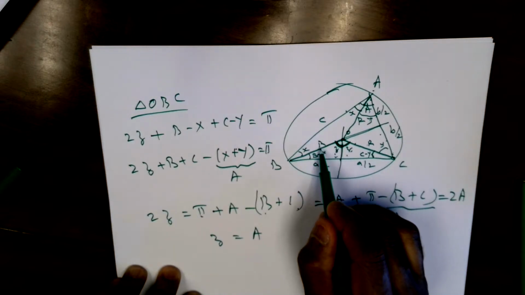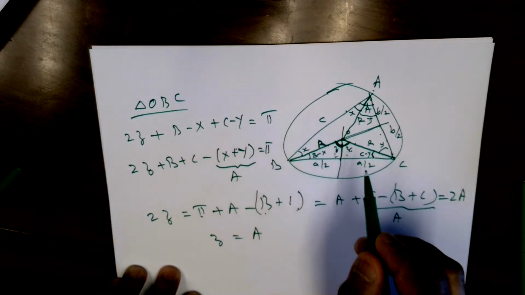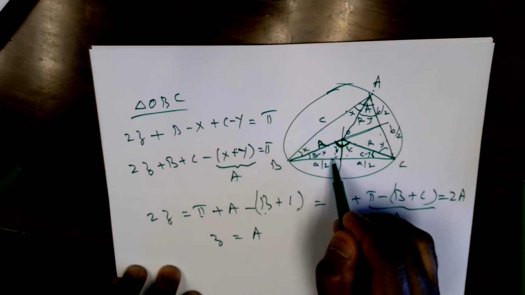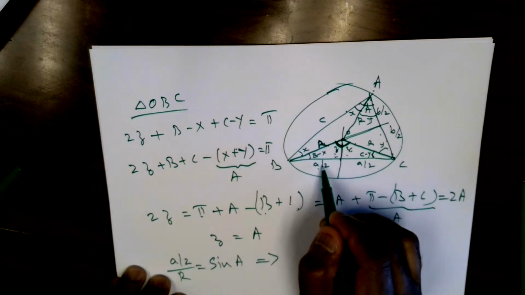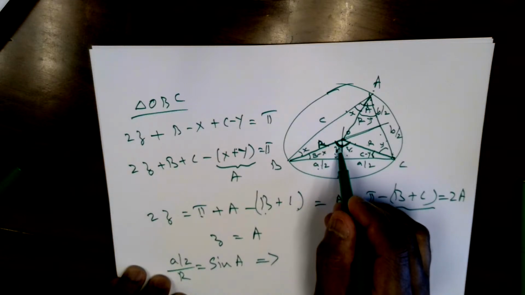And so from here we get some useful identities. You see that a by 2 divided by R is sine of Z. Z is A, so you get this property.